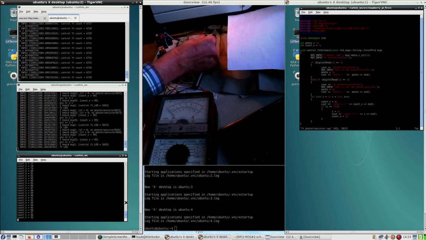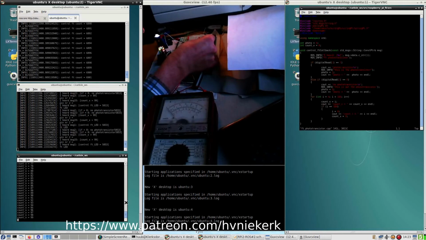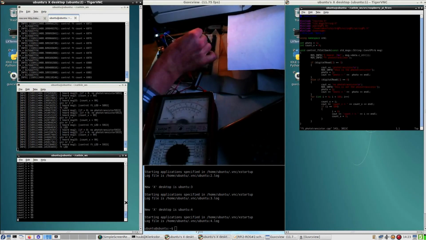So right here, what voltage will it be? Right now absolutely nothing. Absolutely no voltage, which is strange.